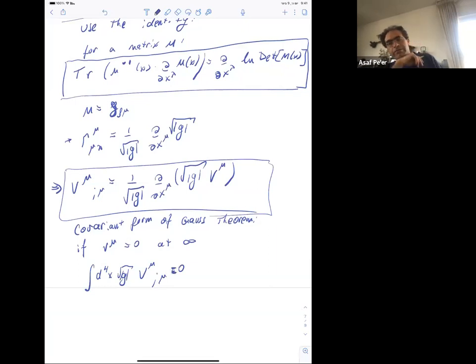A lot of these theorems from vector calculus that you learned, you're going to get a very simple form like them. By the way, you might remember this is an invariant volume element.